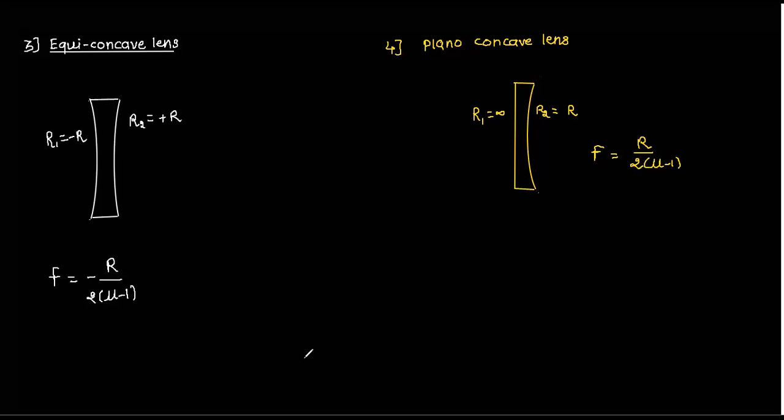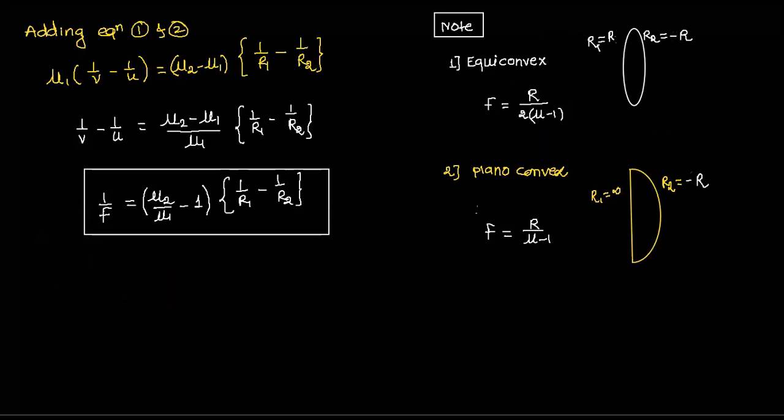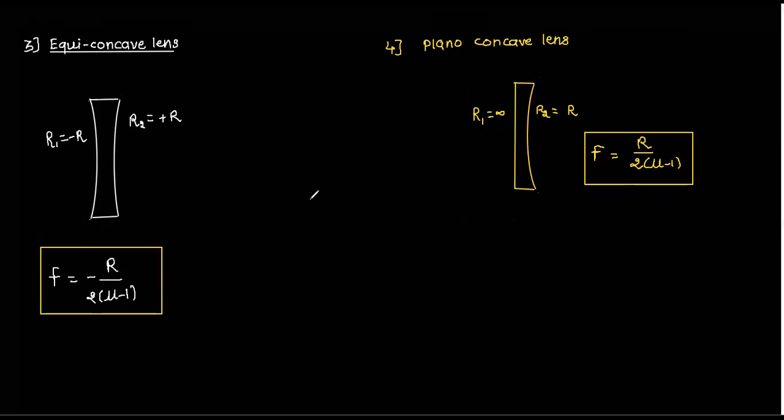Okay. So these are the note points which will help you in lens maker's formula in various cases. You have to keep in mind which lens is given, equiconvex or different radii, then use this formula. If equiconvex, plano convex and all these are there, then you can use these types of formulas for quick answers.